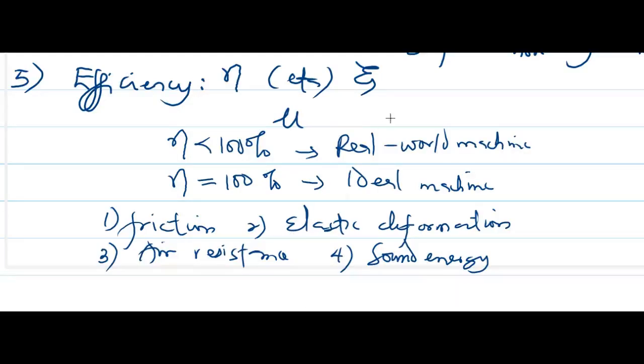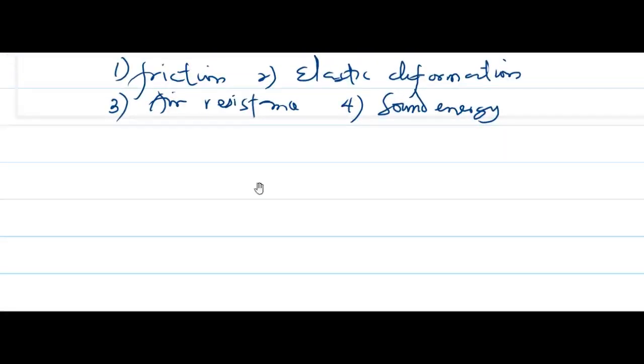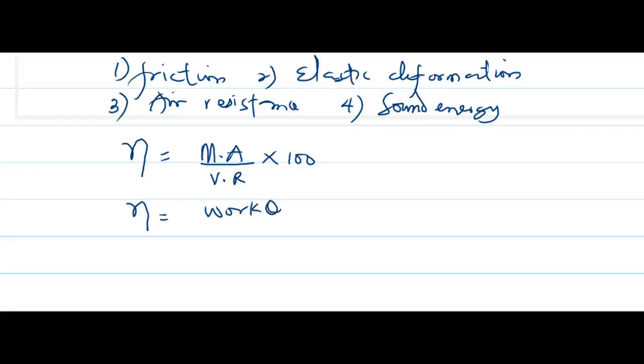Okay, so how do we calculate the efficiency of a machine? There are several formulas we can use. The first and the most popular is mechanical advantage over velocity ratio multiplied by 100. Another way to calculate the efficiency of a machine is work output all over work input times 100.